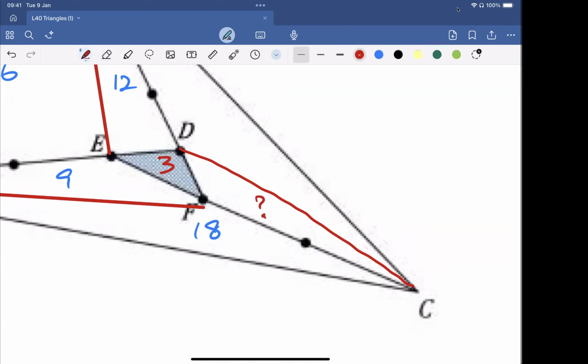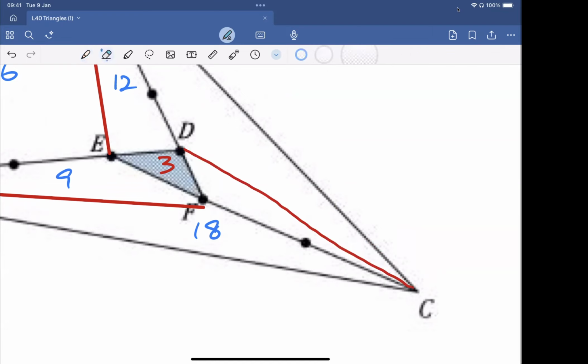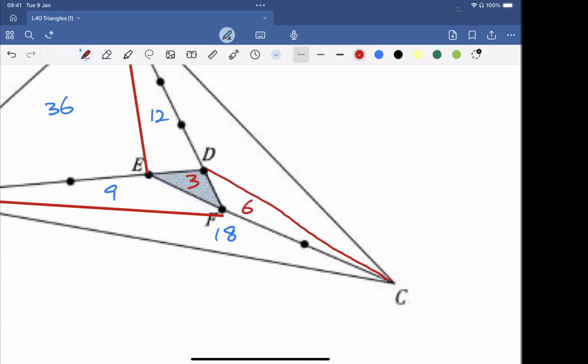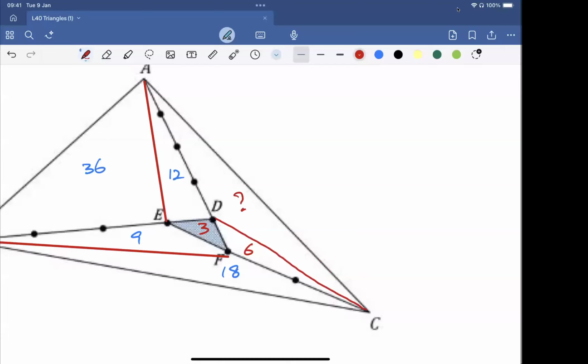What's the area here? I don't know. Where's the base? On top, below. Okay, tell me what's the area here. 6. Correct.